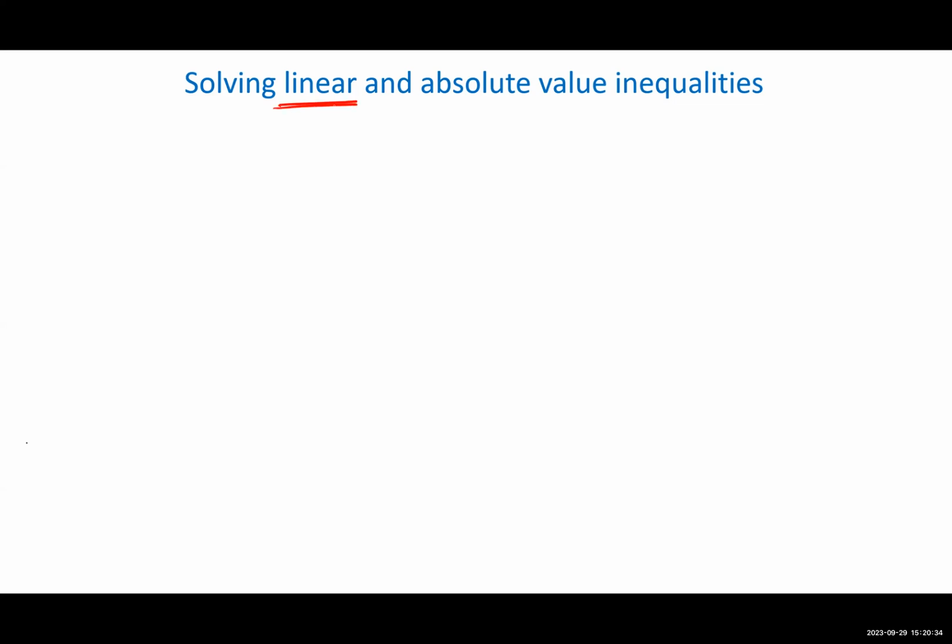Before we talk about that, let's talk about the word inequality. Most of what we do in algebra, when the topic of the problem is to solve for something, is work with equations, with equal signs.